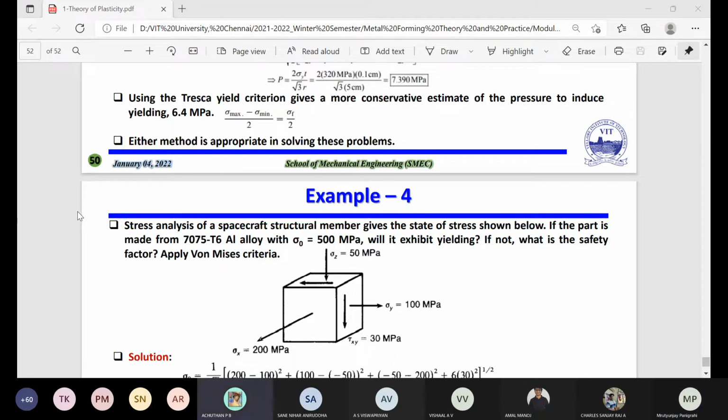How much? 100 minus 50, sir. Yeah, because the opposite direction is there. Then the third part is minus 50, then minus 200. Okay. Then the other part you have is tau. How much tau? 30, sir. 30. Yes, sir. So how much is it coming now?